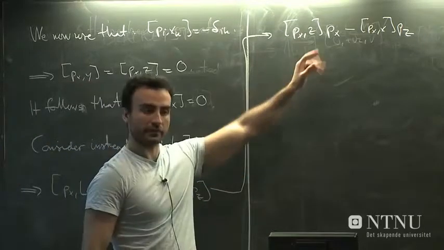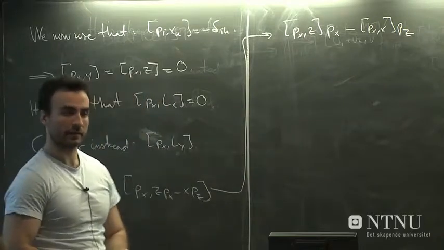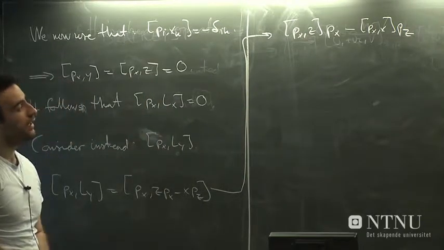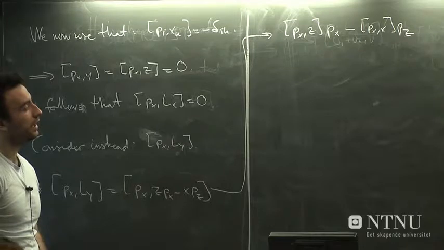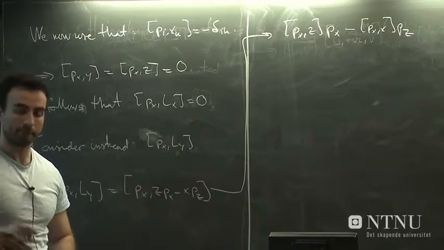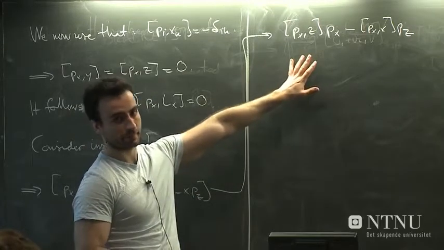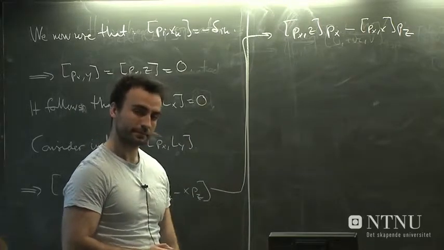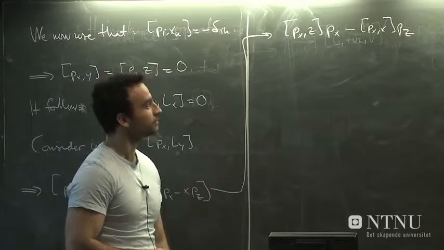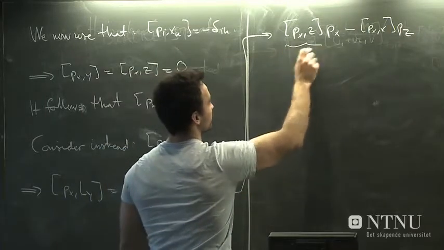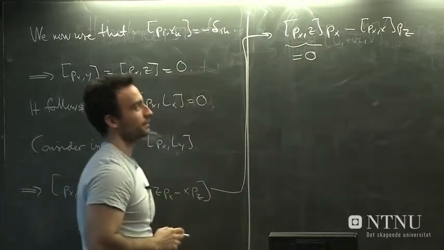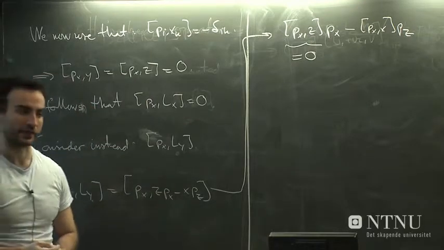Can we simplify this somehow? The first term will vanish. Yes. How come? Because x is not z, so the Kronecker delta is zero. Exactly right. Okay. And what about the second term?